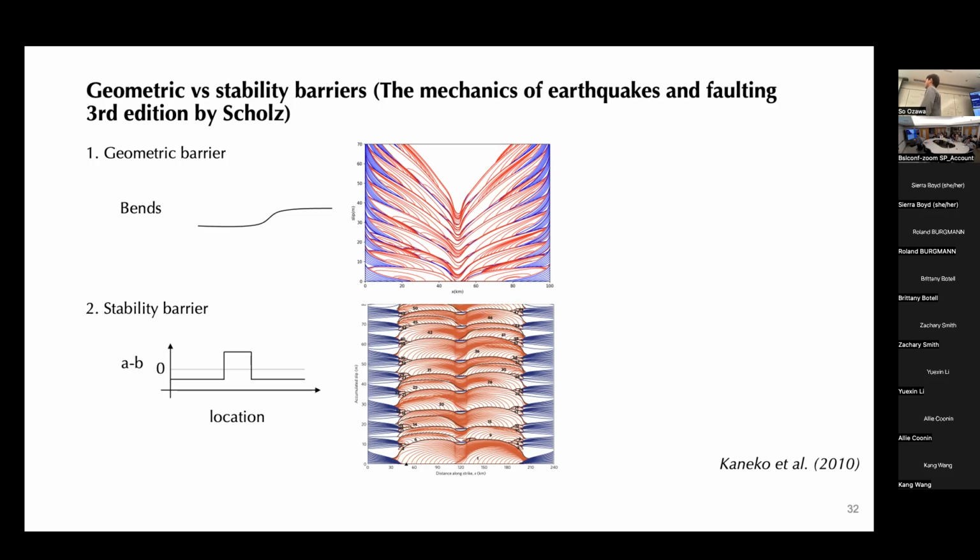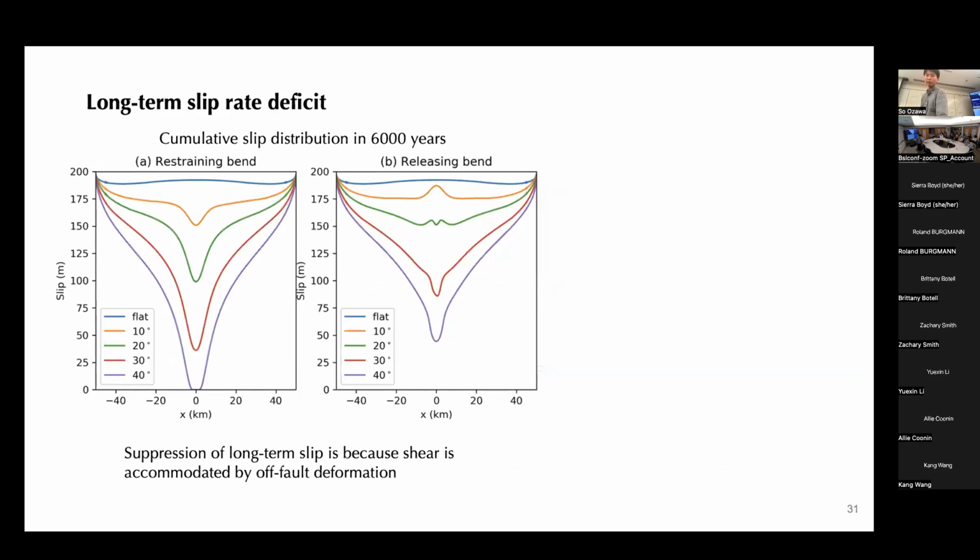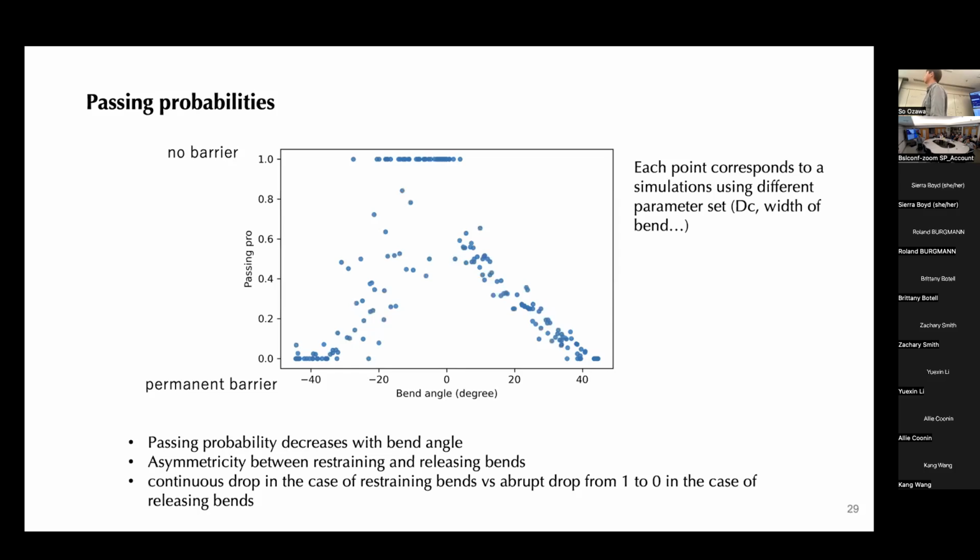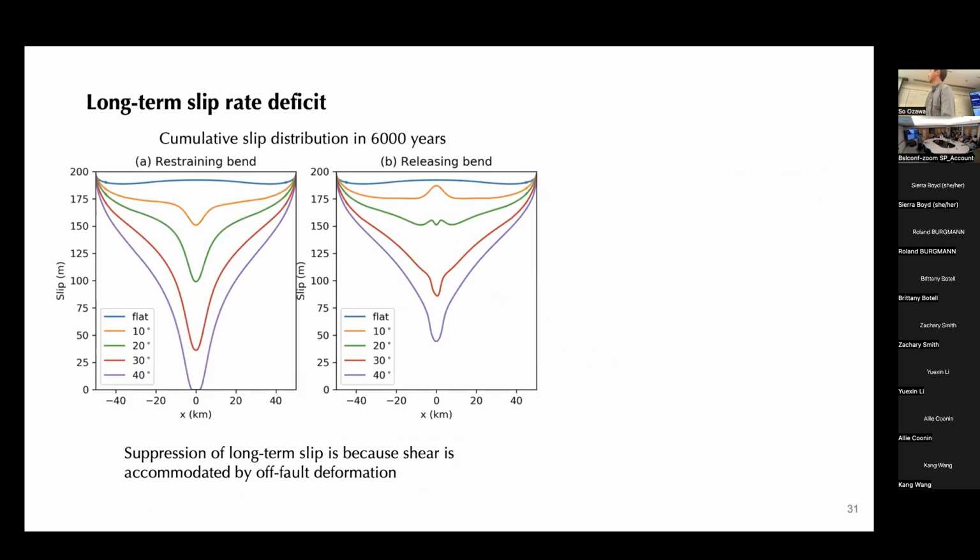Interestingly, the qualitative result is similar in the sense that we have partial rupture and full rupture depending on the many different parameters, and we have a spectrum from no barrier to permanent barrier, like in this plot. In this plot, we have many different probabilities depending on the parameters.